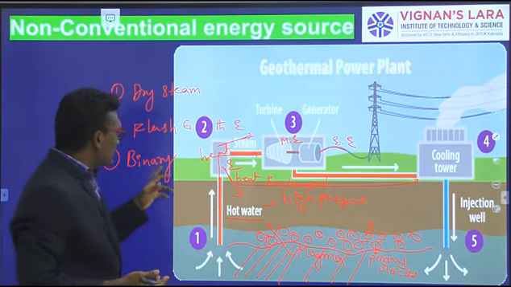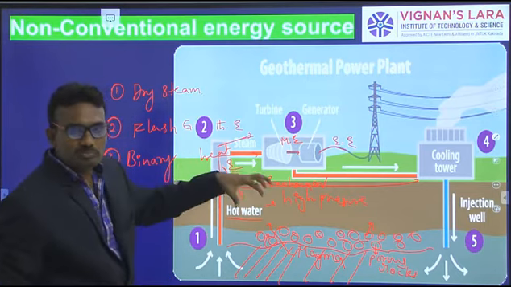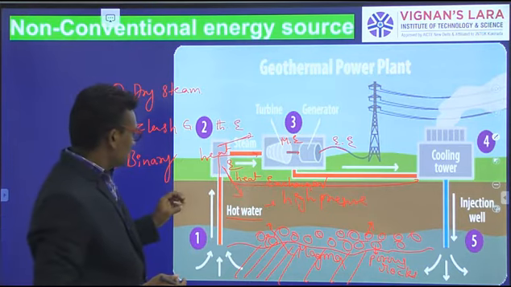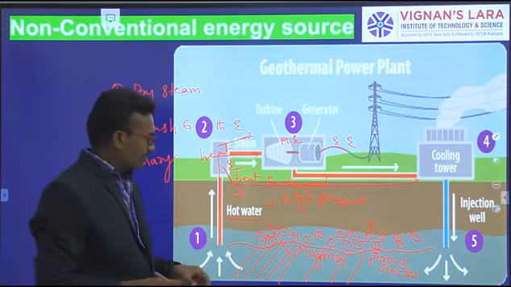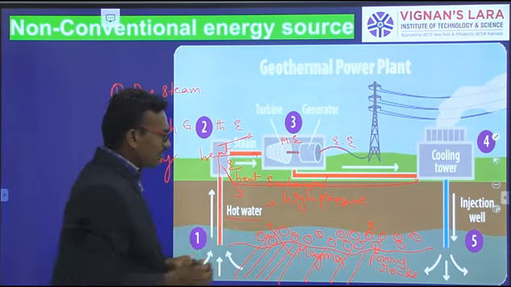Another is the binary geothermal power plant. In this area, the water has a low pressure.